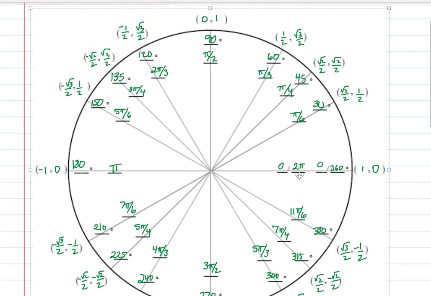Think about, for instance, 30, and let's do degrees, make it easier here. Sine of 30 degrees is 1/2. Remember, sine is the y. Well, if I go around one full time, so 360 from this 30, I'll end up right at 390.